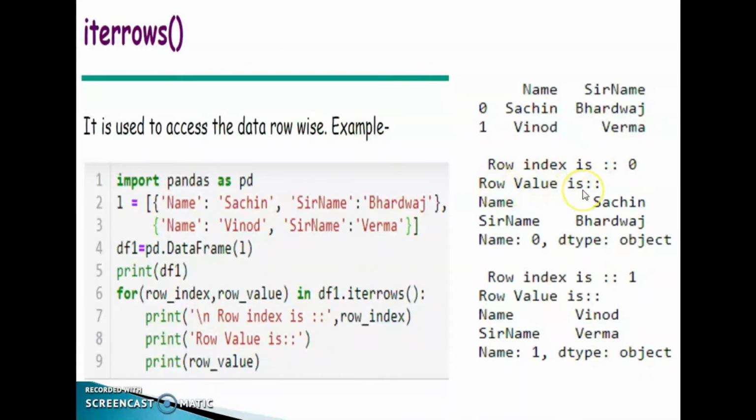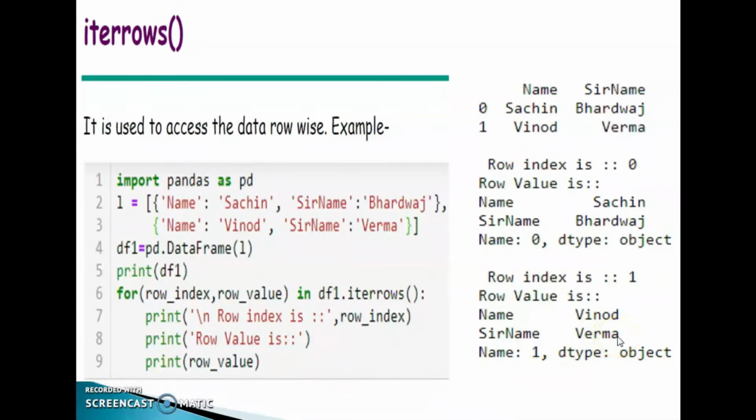Row value is name Sachin, surname Bharadwaj. According to row wise, we accessed the values from this data frame. Clear? Next one, row index is 1. Row value is name Vinod, surname Verma.